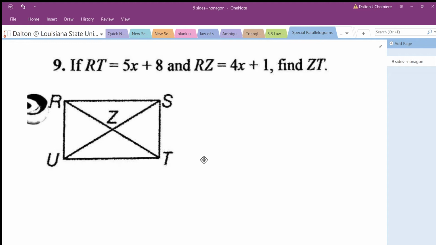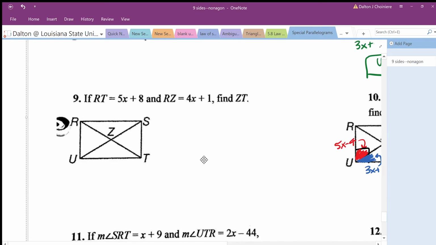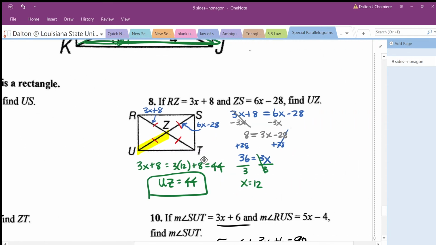Yes. A to either one of the other ones. So it doesn't matter. That's the thing, 7 is a little bit different because you have to look at what 7 is saying, and that's why I like to use a highlighter. For number 8, it asks you for UZ. So I highlighted U to Z.